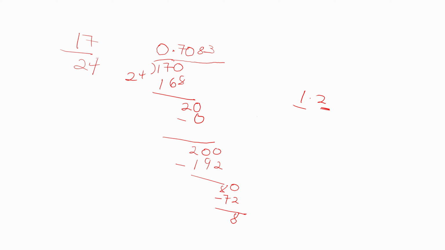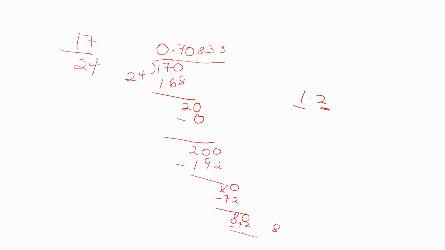Okay, so we add another 0. 24 times what will give us 80 is the same thing. 24 times 3 will give us 72. And when we subtract, we'll get 8 again.